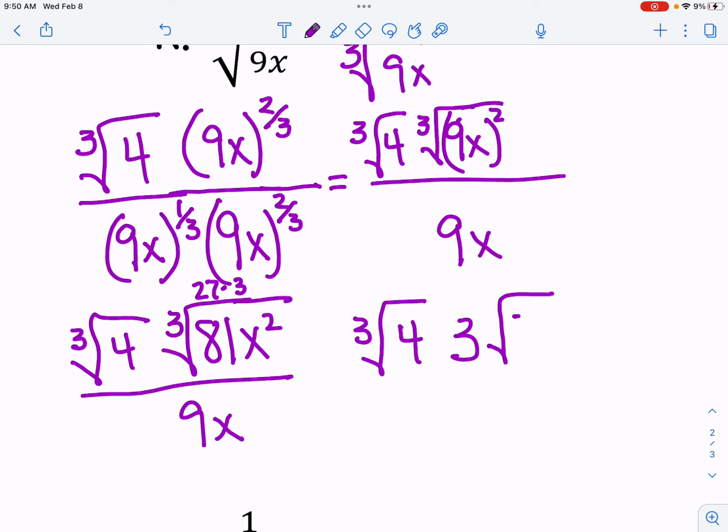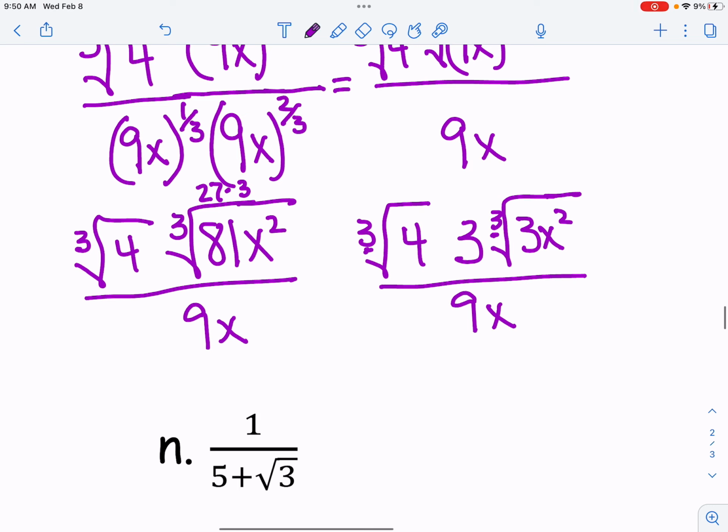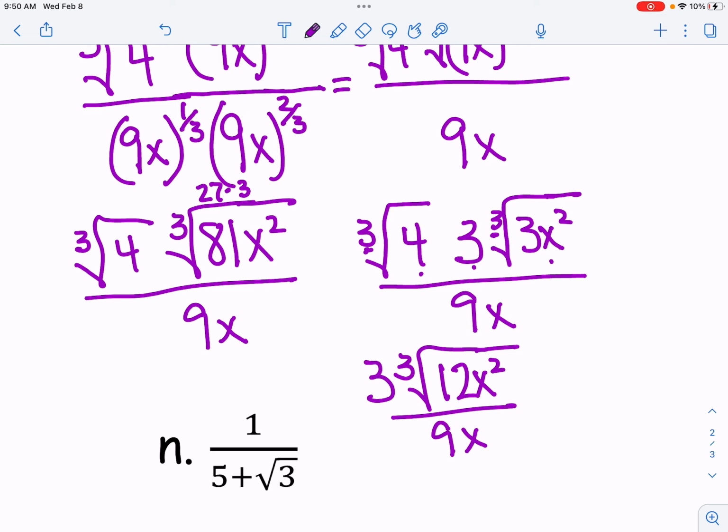And I have left over 3x squared, cube root, over 9x. So I have a common index, so that means that I can multiply 4 times 3x squared. That's 12x squared. I have that 3 in the front, over 9x. This 3 cancels with that 9. Cube root of 12x squared over 3x.